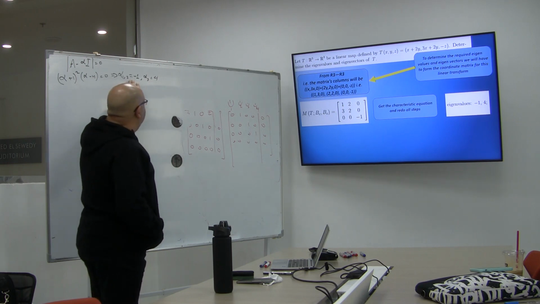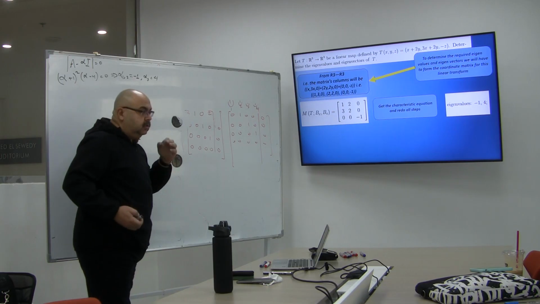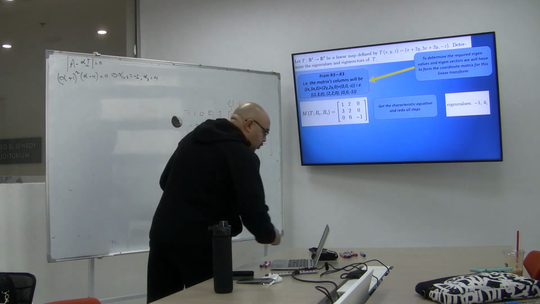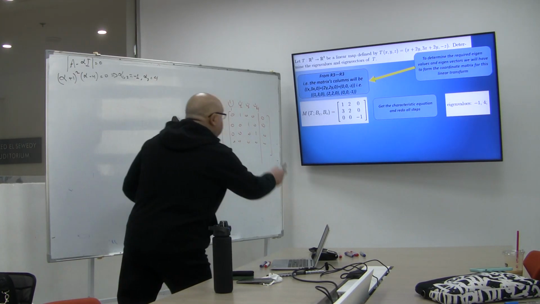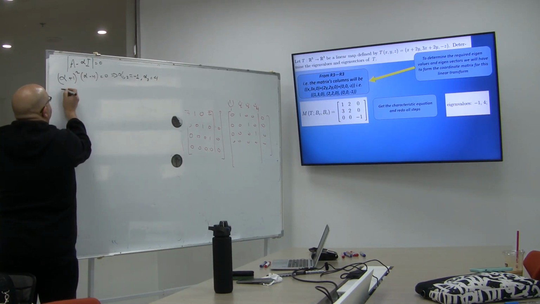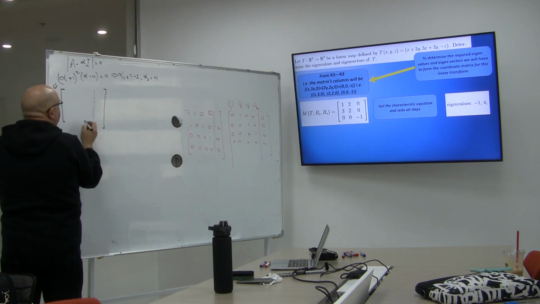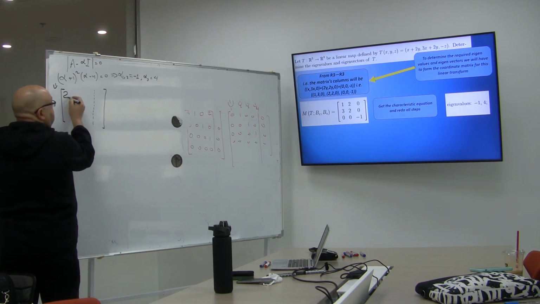I will go with you to find the eigenvectors corresponding to the first eigenvalue, which is also really very easy. Use the matrix and help me out. It's going to be the augmented matrix in order to get U1. It will be 1 minus negative 1, so it's going to come up to 2.